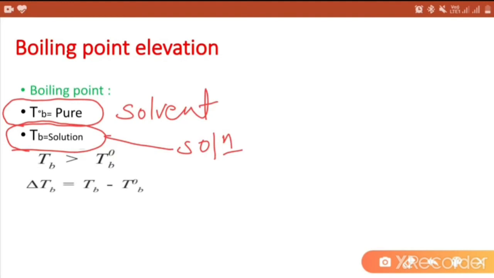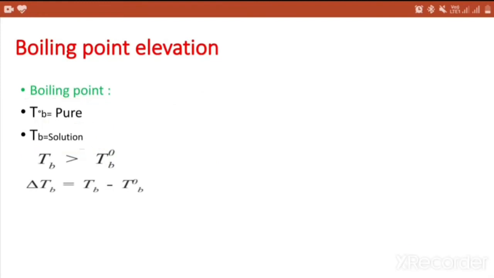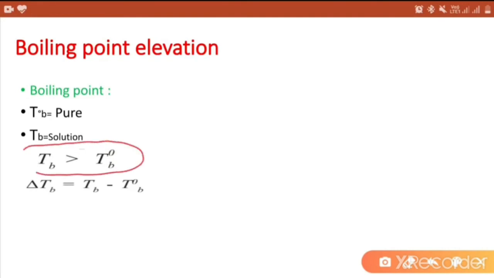Experimentally, the boiling temperature of solution is more than the temperature of pure solvent, and that is given by this equation: Tb is greater than T⁰b, and this ΔTb represents the difference between the temperature of pure solvent and the solution.